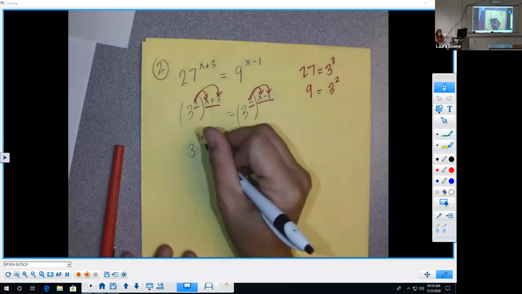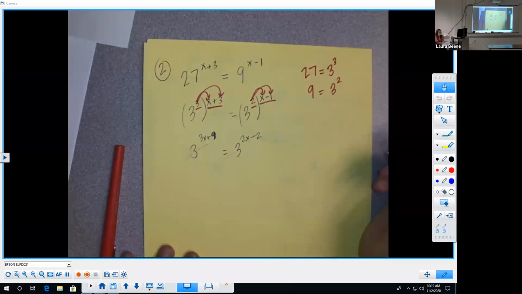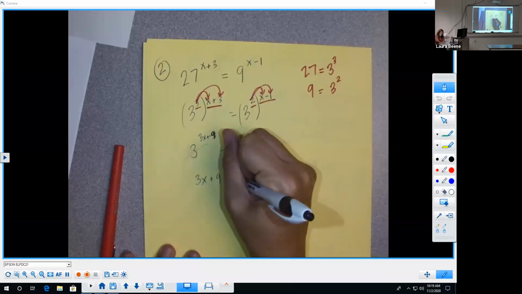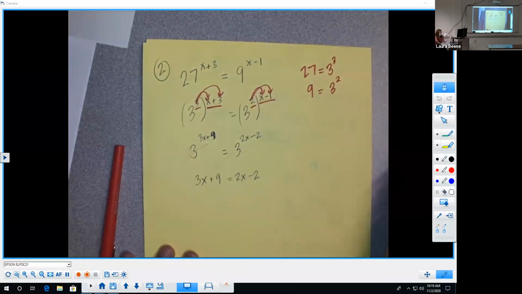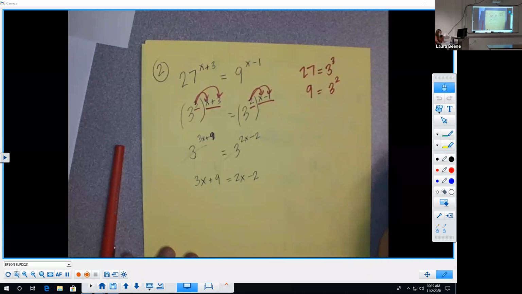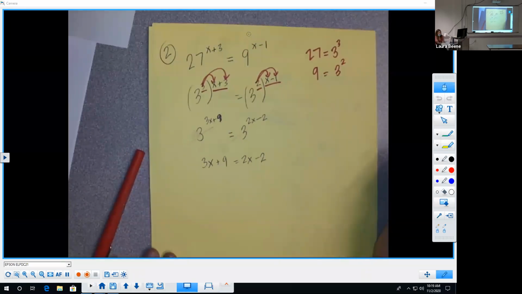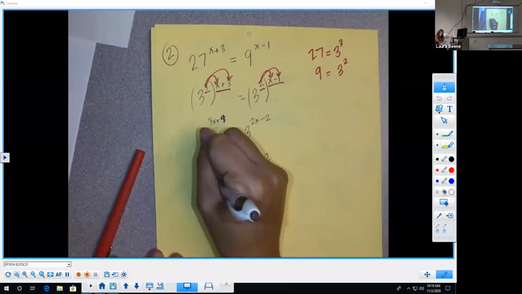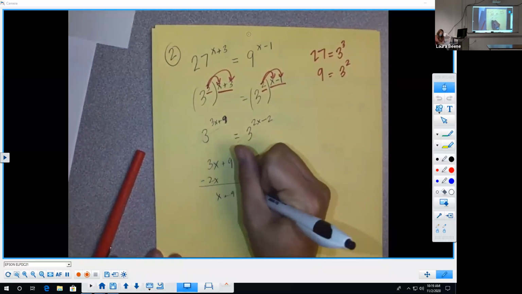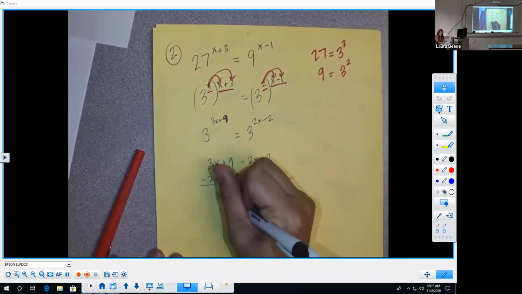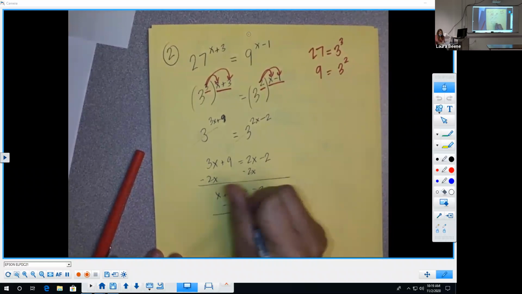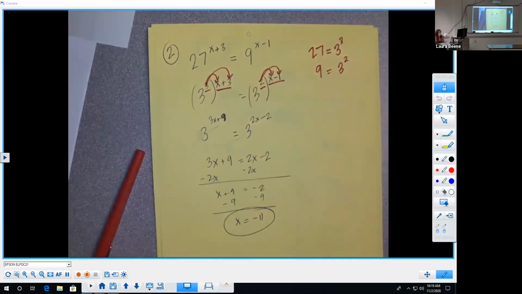And then you can just get rid of your bases since they're exactly the same. And I have 3x plus 9 equals 2x minus 2. And solve for x. So I'm going to move the 2x over, subtract 2x from both sides, and I get x plus 9 equals negative 2. Subtract 9, and I get x equals negative 11.